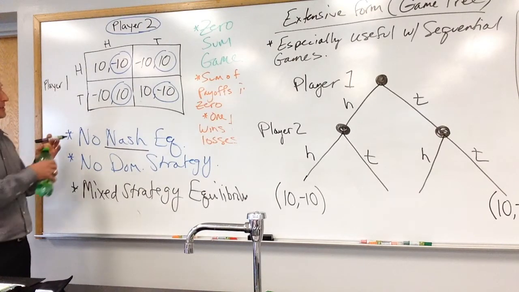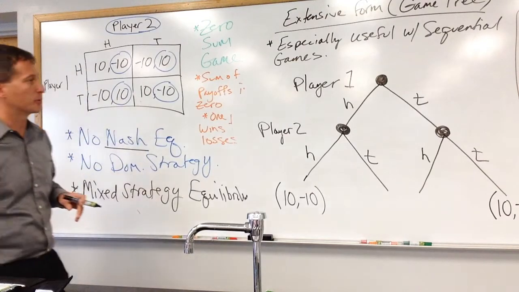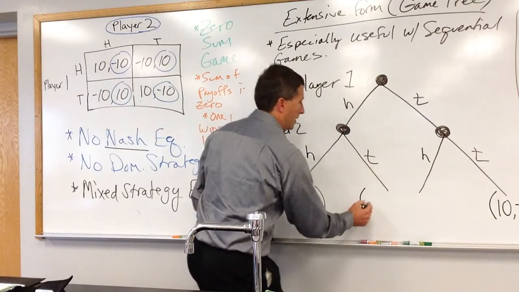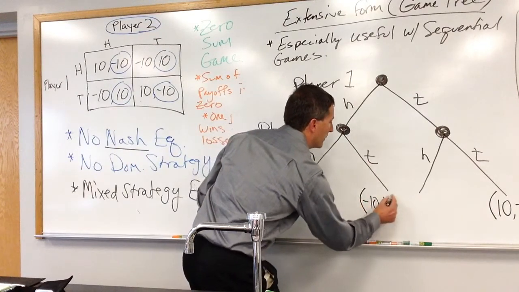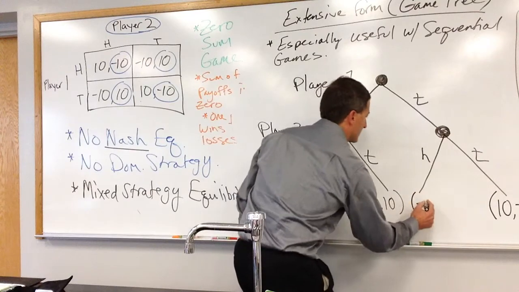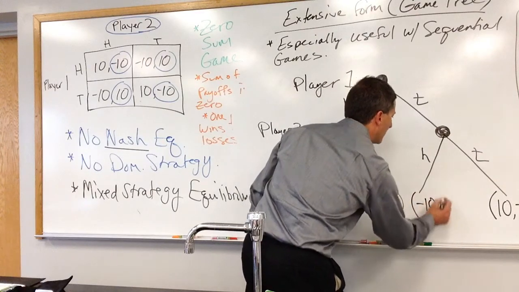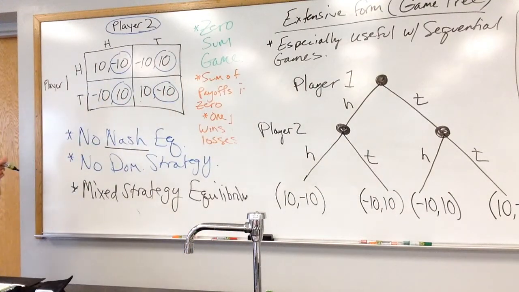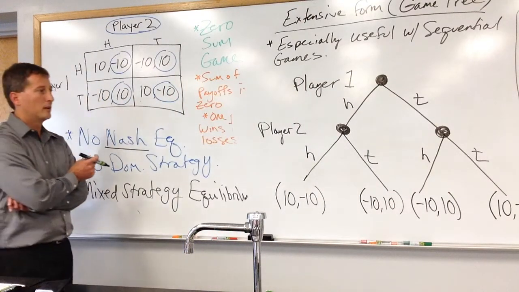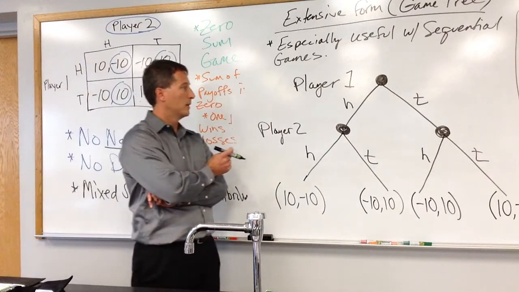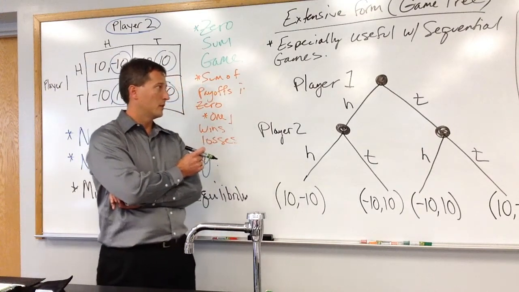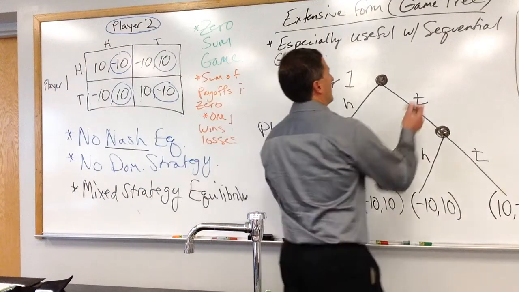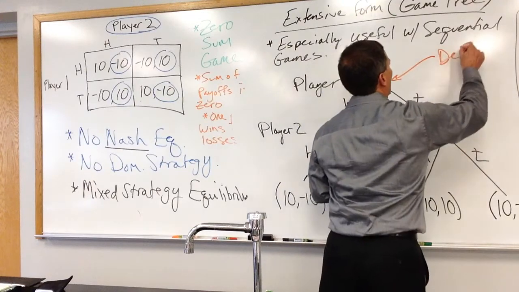So sometimes we call this just the matrix form of the game, and this is the tree form. If the coins didn't match, then player 1 loses, and same over here. All right, so all of these little guys here, these are called decision nodes.